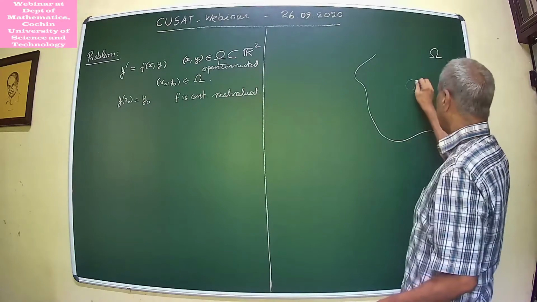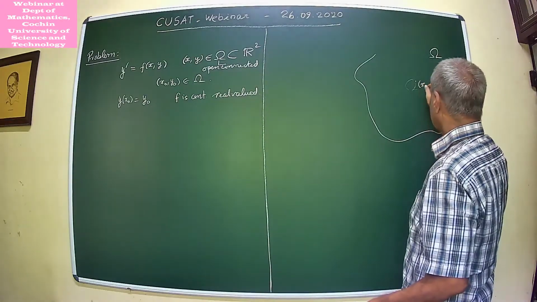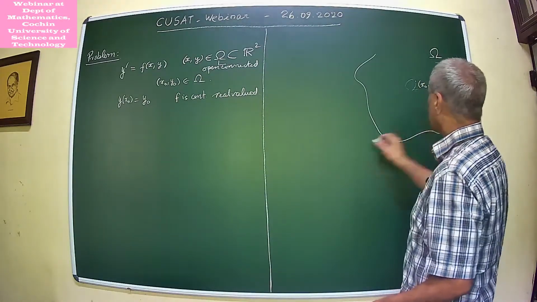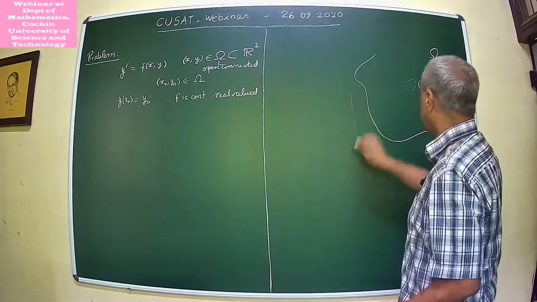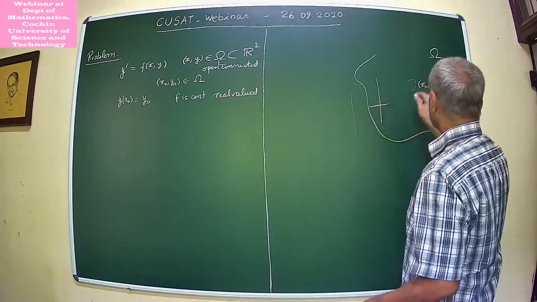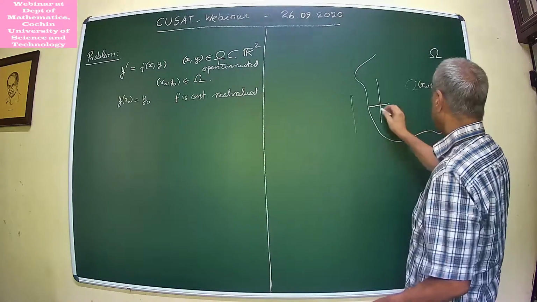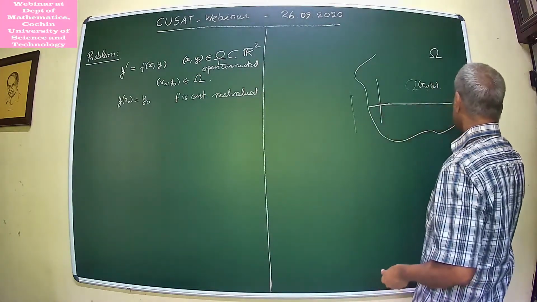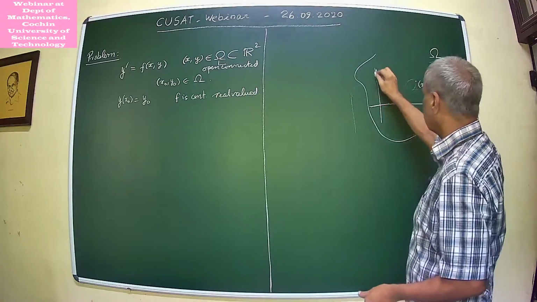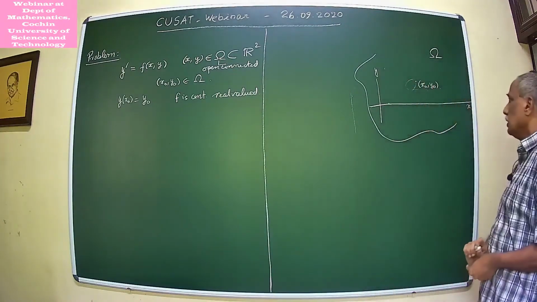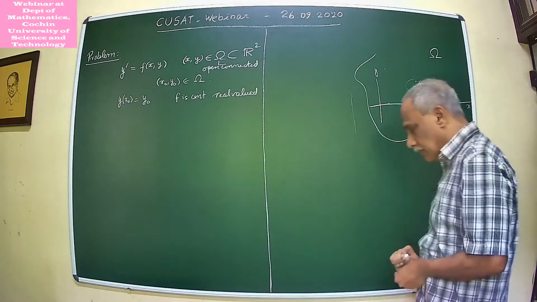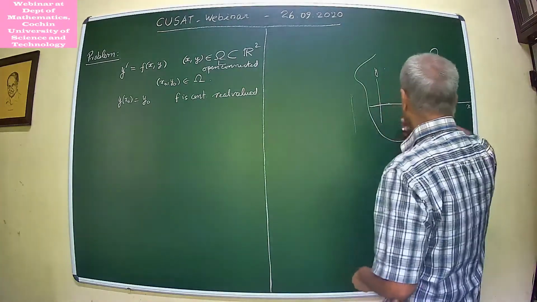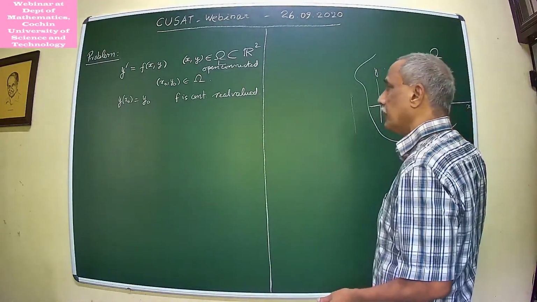Now x naught, y naught is a point on that. So some coordinate system is there. This is the x-axis, this is the y-axis. The function f is defined everywhere in omega.